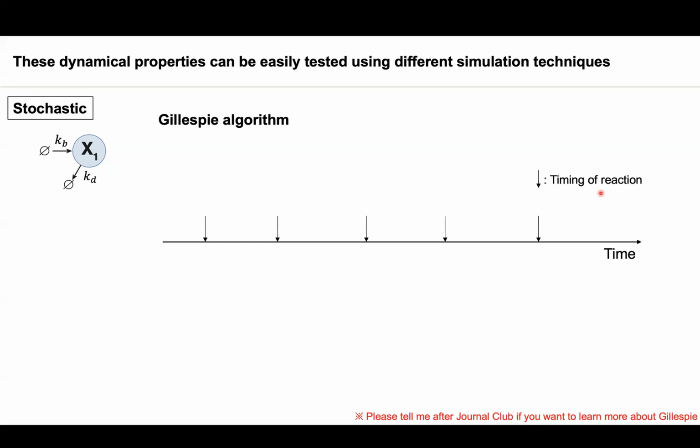What the Gillespie algorithm does is that basically it simulates a sequence of chemical reactions. It samples when the next event will occur. As you can see in this example, it samples the waiting time, the time interval between this event and the next event.